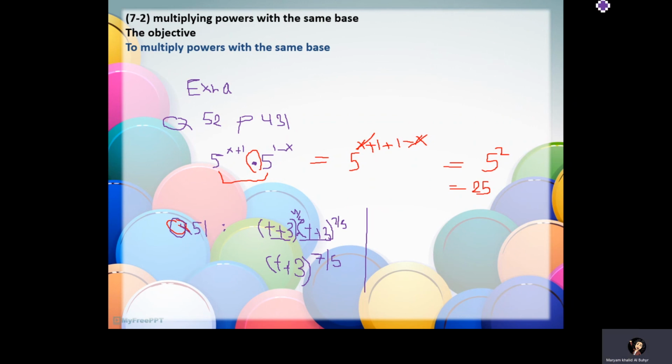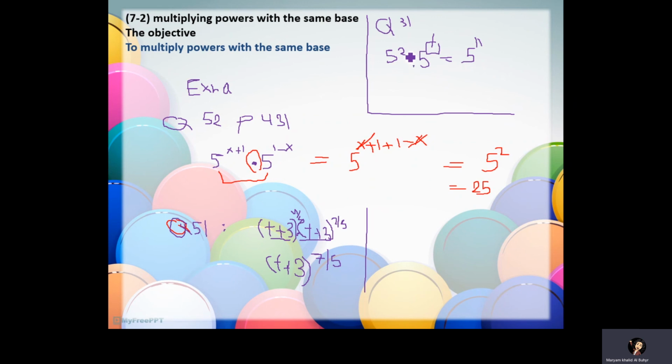Now I might ask you, for example, here also question 31. In question 31, I'm telling you complete. So 5 to the power 2 times 5 to the power, how much do you need to complete this, equals 5 to the power 11. So what should you say here? You will think about the number.